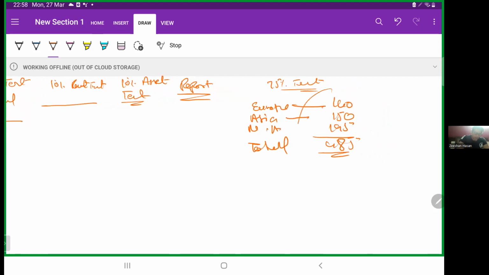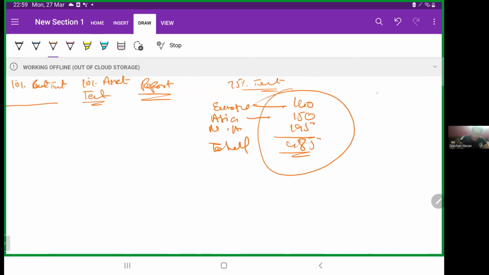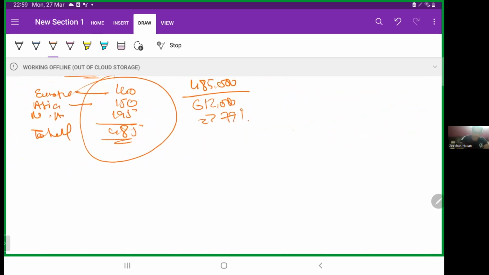So overall, the external revenue generated by these segments is 485,000 divided by the total of all of these. The total revenue is 612,000. That is 79%, which is greater than 75%. So the test is met and no other segments need to be reported in this case. So the reportable segments are Europe, Asia, and North America. So far, so good.